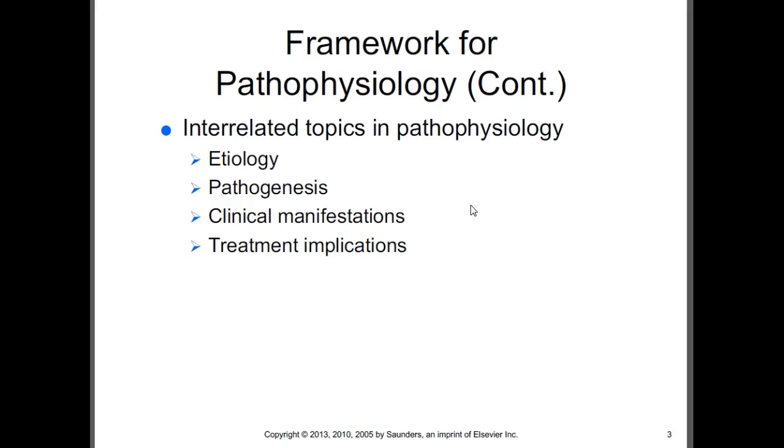Then pathogenesis is going to be the course of the disease. Is this disease going to be very virulent, or is it going to be rather minor? Is it going to be acute versus chronic? Clinical manifestations, as the name implies, are the signs and symptoms that you're going to find.